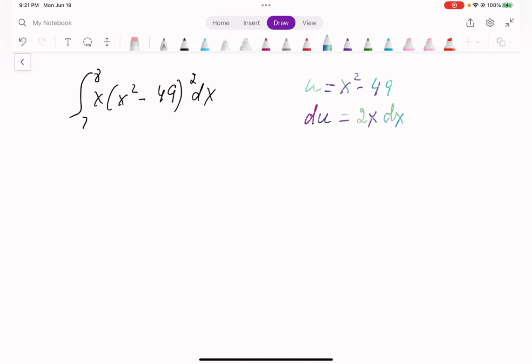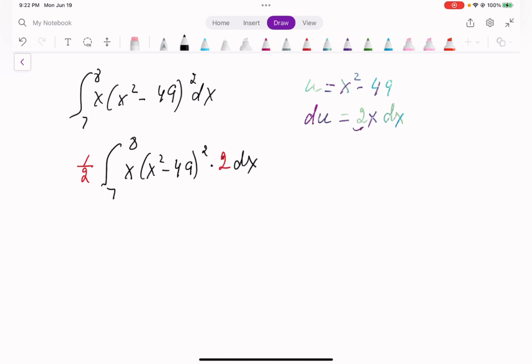The derivative of x squared. Okay, so we need 2x here. We don't have 2 under the integral, therefore I'm going to take 1 over 2 out and write down 7 and 8, because 2 times 1 over 2 is going to be 1, right? So it's going to be x times (x squared minus 49) squared, adding here these 2, and dx.